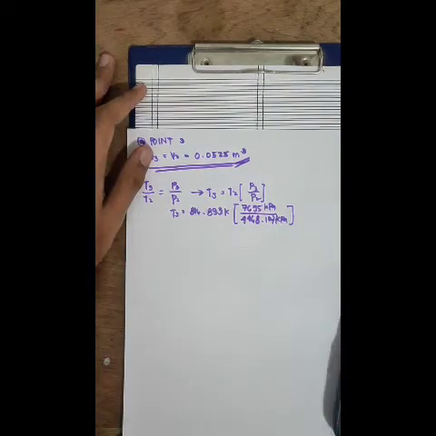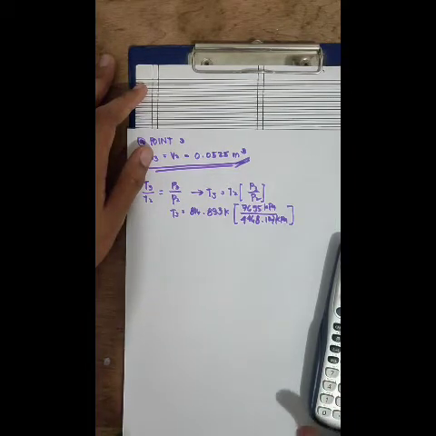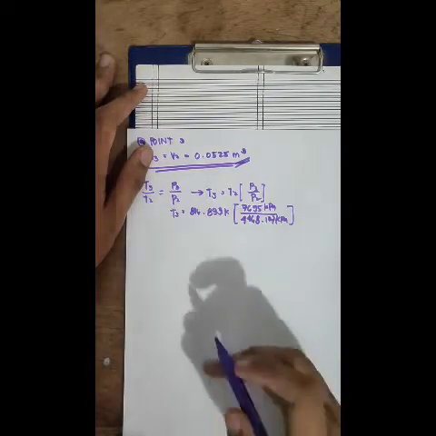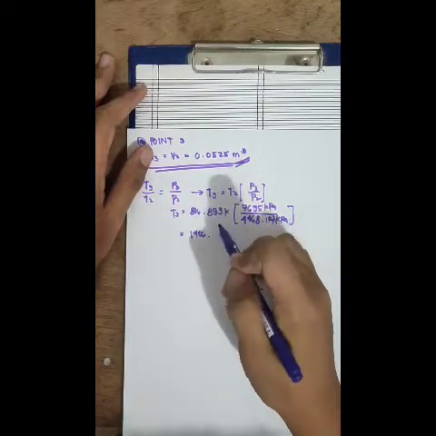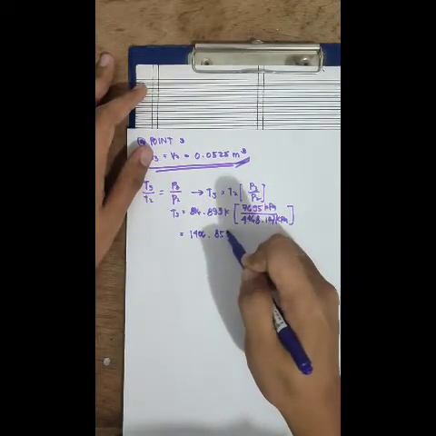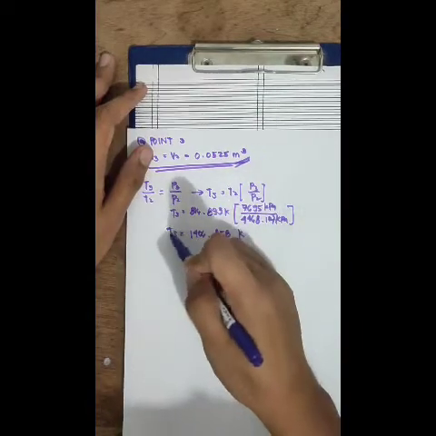So 816.893 multiplied by 7695 over 4468.107 is equal to 1406.858 Kelvin.